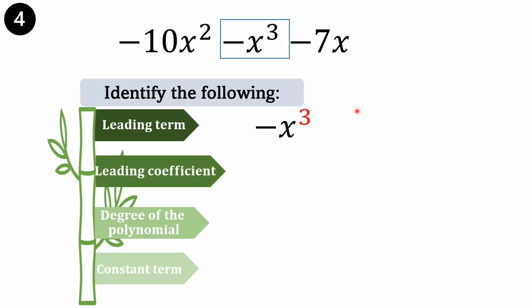In the leading term, we find the leading coefficient, and that is negative 1. The degree of the polynomial is 3. And the constant term is the term without a variable, so there is none.